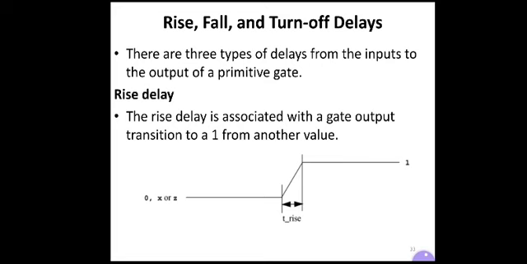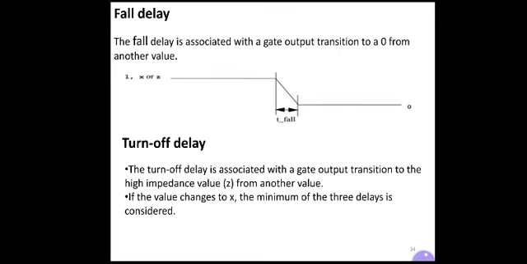In the ideal circuit, we do not consider delay, or we consider zero delay, so a transition takes place without any delay. But in real circuits, an actual delay is associated with it. So that is t rise from start to end, which is nothing but the delay. This delay is called rise delay.